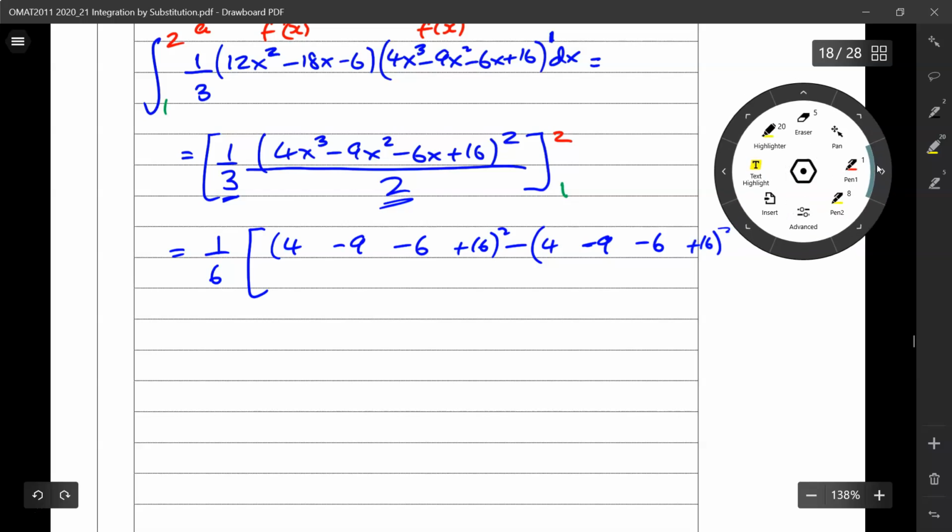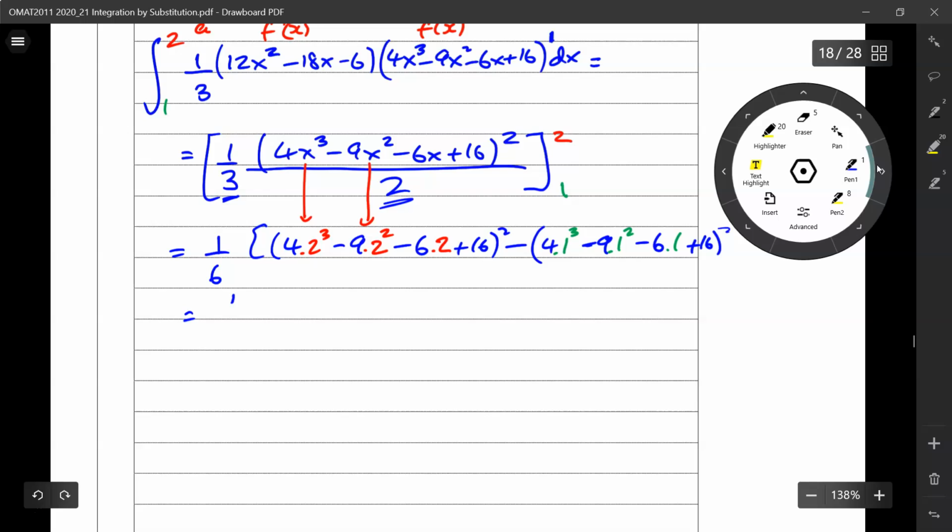If I put the upper limit in, that's 4 times 2 cubed, minus 9 times 2 squared, minus 6 times 2, plus 16. On the other side, with the lower limit, we have 4 times 1 cubed, minus 9 times 1 squared, minus 6 times 1, plus 16. So let's evaluate these. Maybe they work out a bit simpler than we expect.